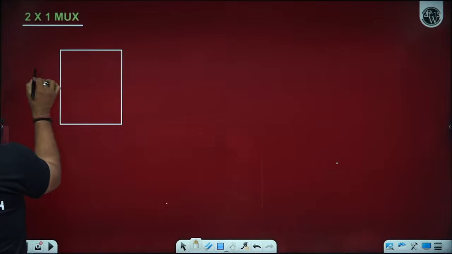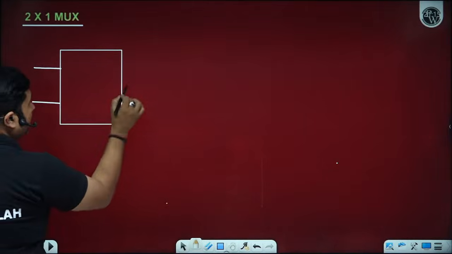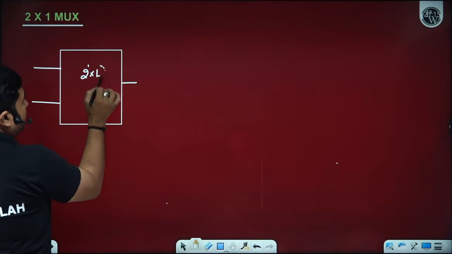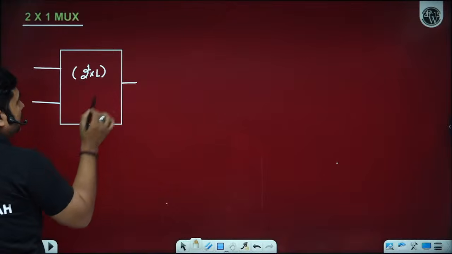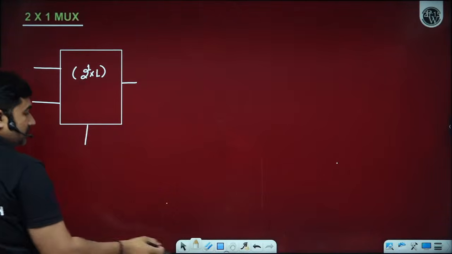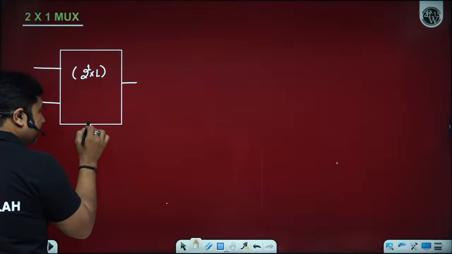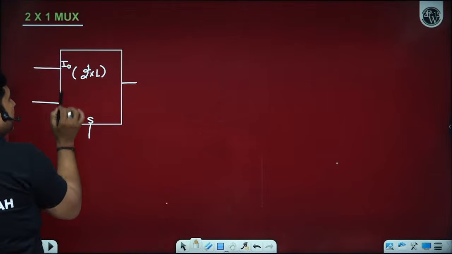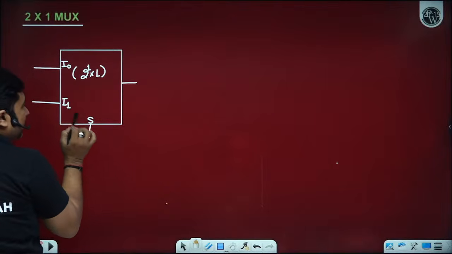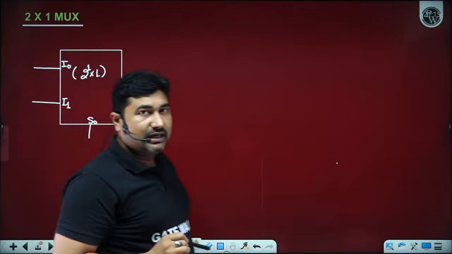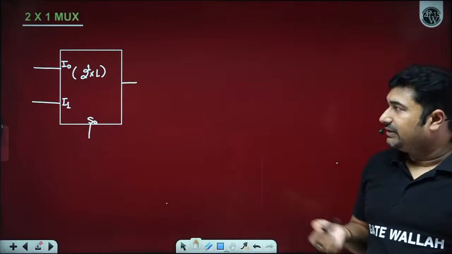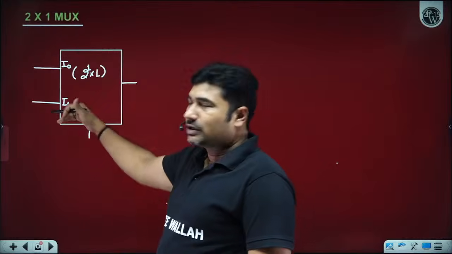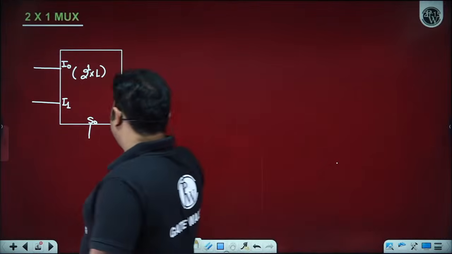We have two inputs and one output, because 2 to the power 1 cross 1 is the size of 2 cross 1, which indicates there is only one select line. Now input lines are represented conventionally top to bottom, LSB to MSB. However, if a representation is given, you have to follow the given representation. And we have output Y.